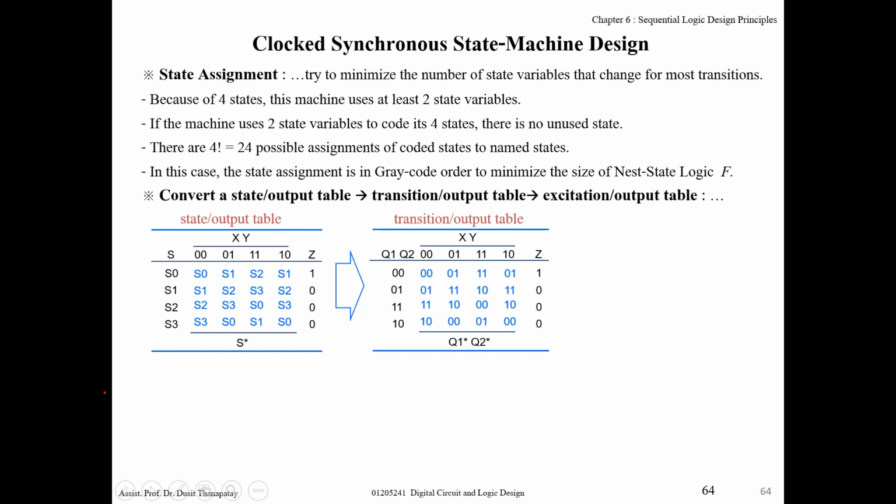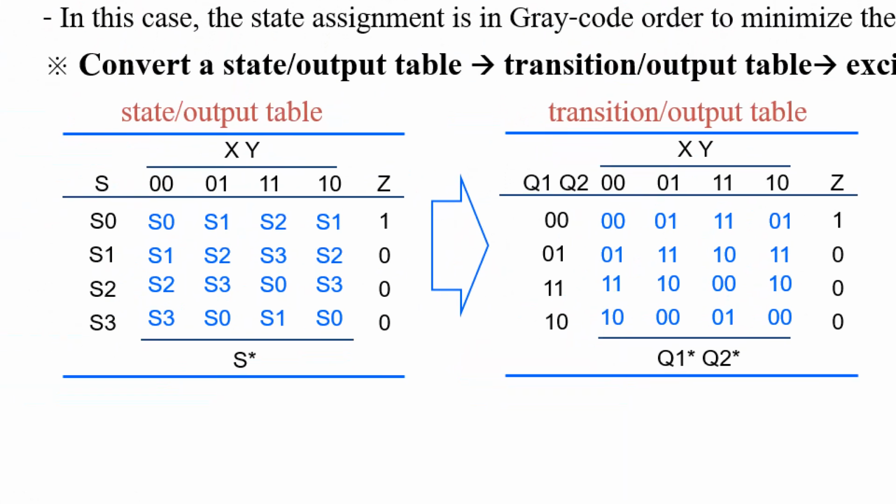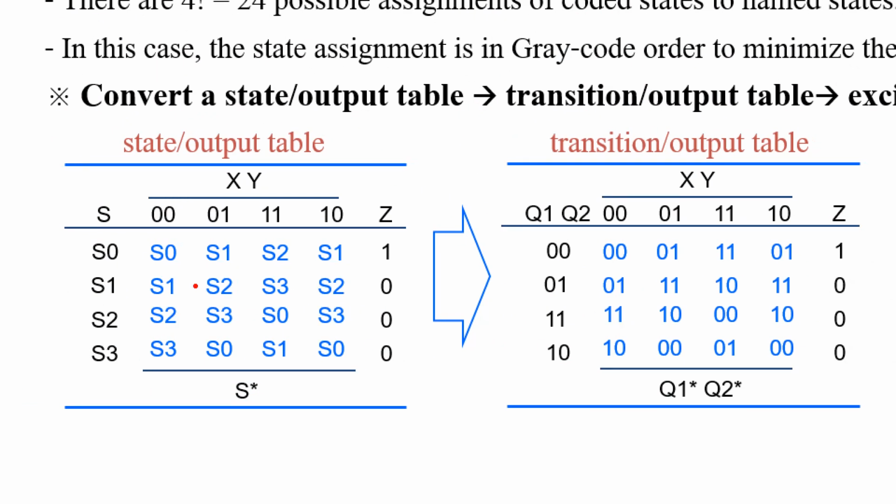Now after you assign binary code for each state, you just change the name of the state to its binary code, namely 0,0 for S0. That means every S0, you change to 0,0, and for S1 it is 0,1, you change every S1 to 0,1.